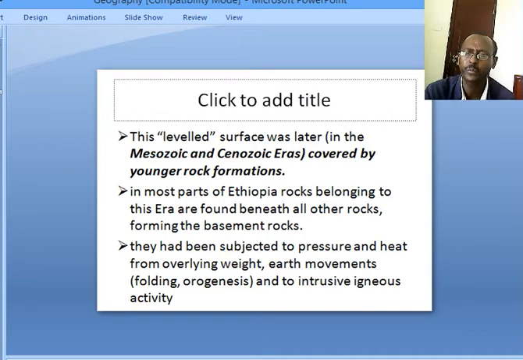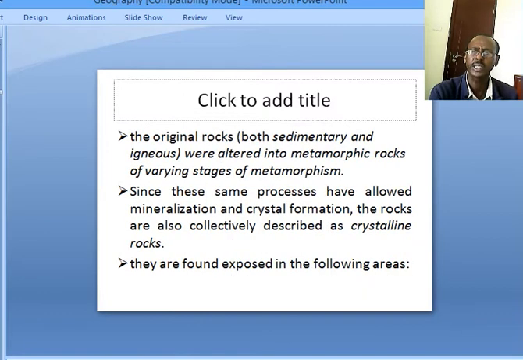As I have told you, the underlying rock will harden, and because of high heat, finally it will go for intrusive movement, volcanic eruption. The original rocks, both sedimentary and igneous, were altered into metamorphic rocks of varying stages of metamorphism.